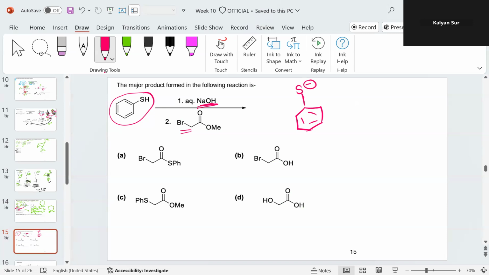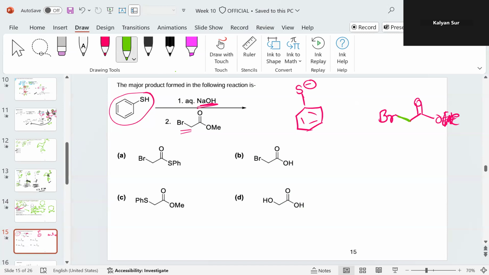Now here, in the second reactant, we have the bromo ester, right? That's the ester, OMe. We have the two centers.